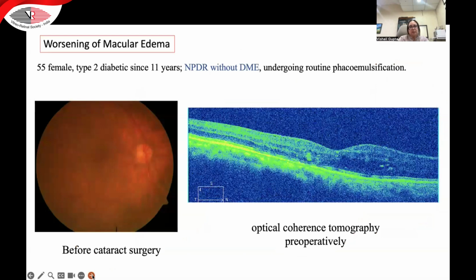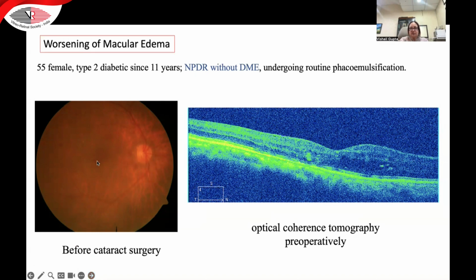So, what happens to macular edema? As I mentioned, before cataract surgery, it is important to do OCT to look for macular edema. If you find a very significant macular edema before surgery, anti-VEGF should be given before you plan surgery so that there is minimal macular edema at the time of surgery.